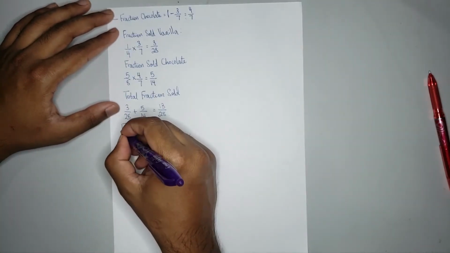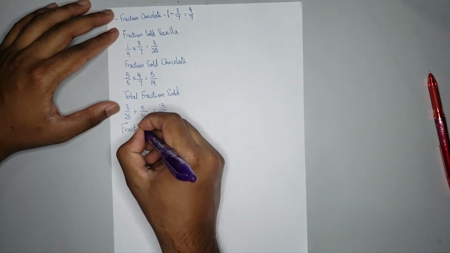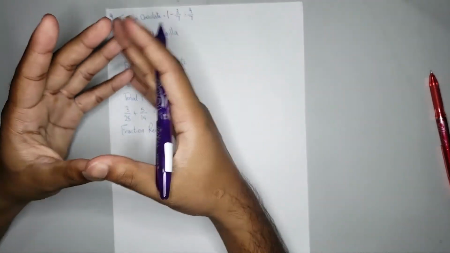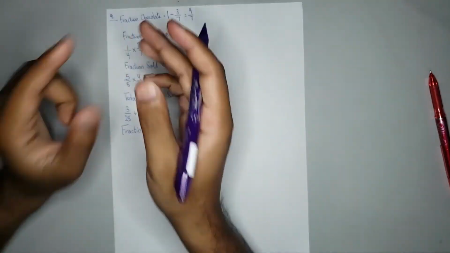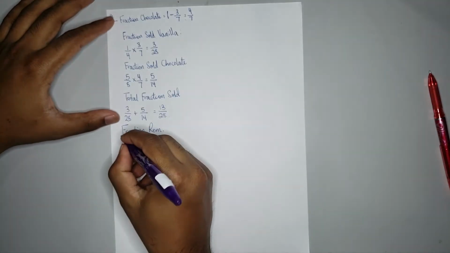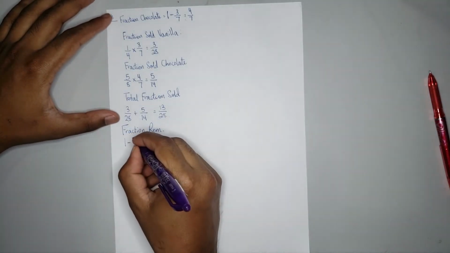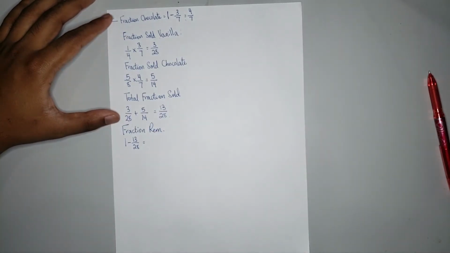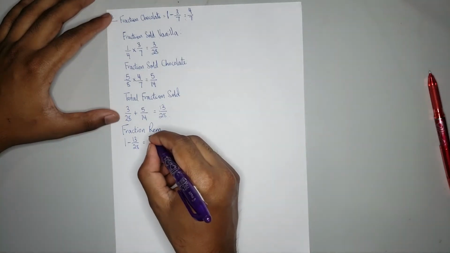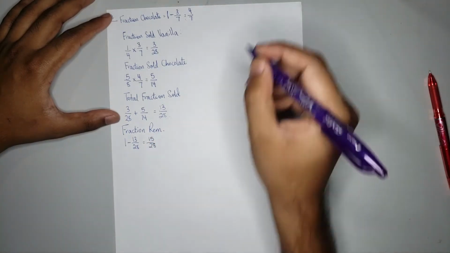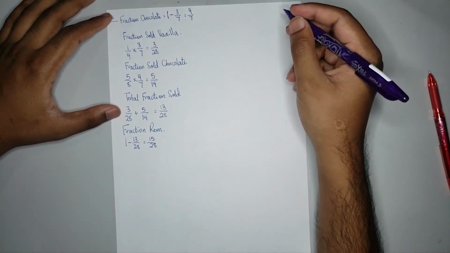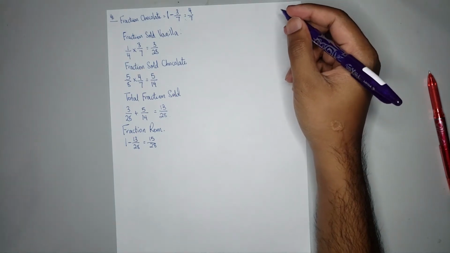We need to calculate the fraction remaining. From the whole, which is 1, you're taking away the 13/28 that is sold, and you will end up with 15/28. So 15/28 will be the fraction that is remaining.